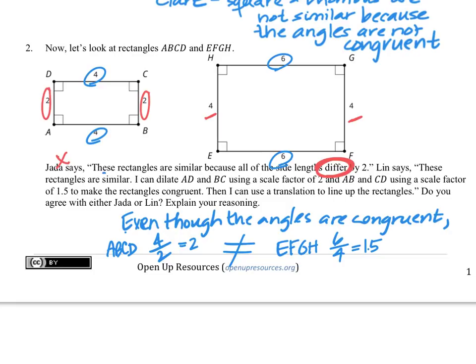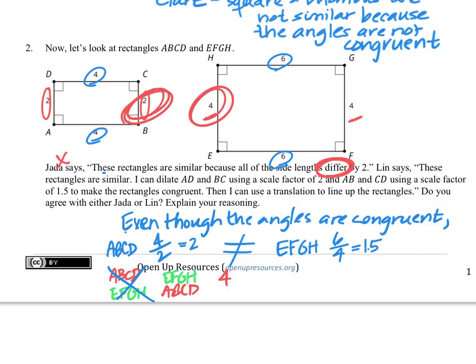The other way to look at this, and the more precise way, is to actually set up a ratio where you're comparing ABCD to EFGH in one fraction. And actually, I'm going to flip those. I'm going to put EFGH up top because that's what we're moving toward, and ABCD in the bottom. If I look at EFGH and the side length of 4, that corresponds to the side length of 2 in ABCD.